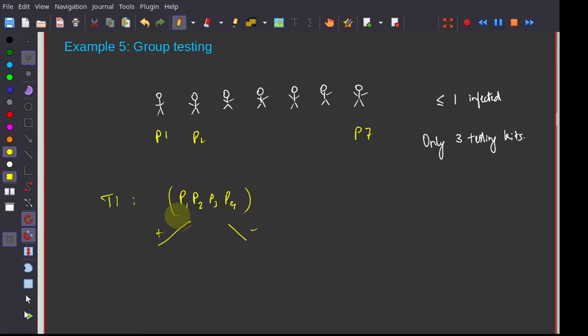If it is negative, then either no one is infected or one of the other 3 is infected. So if it is negative, what do you do? We test the other 3? Okay, so we can test 2 of them, right?